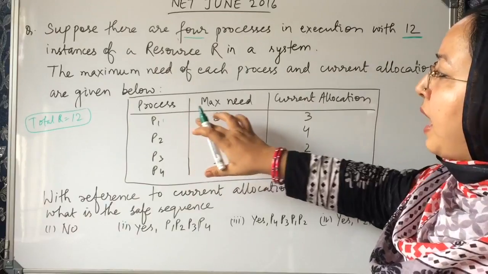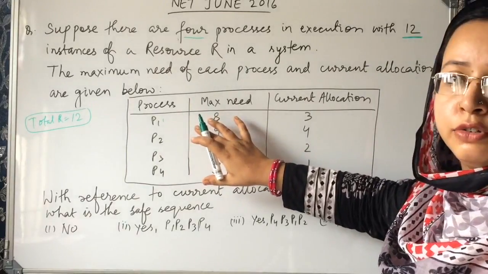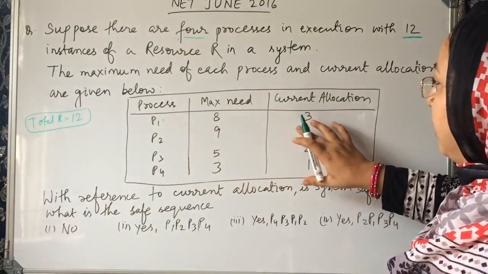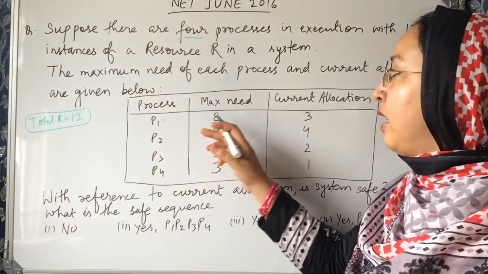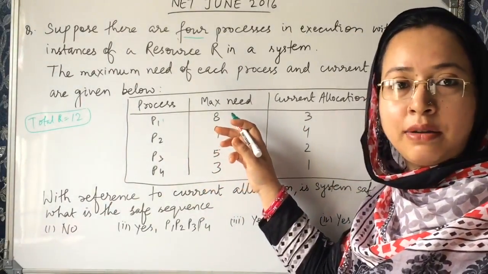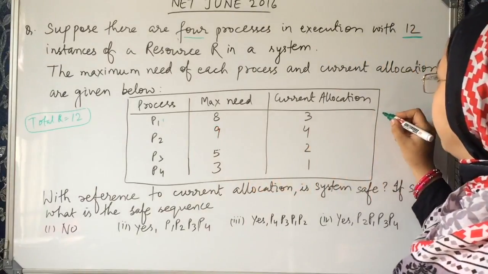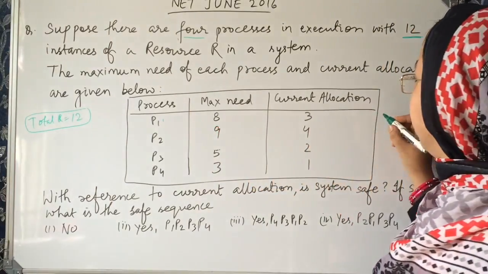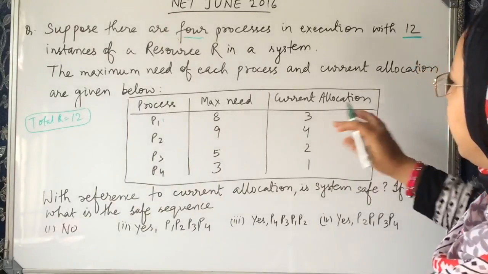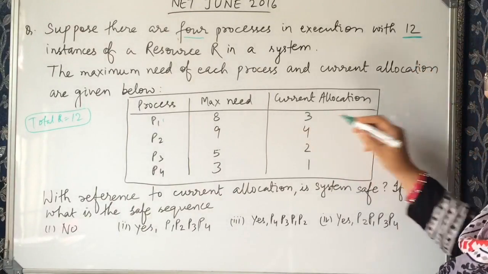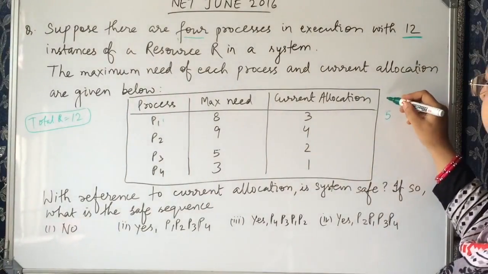P1 requires a maximum of 8 units of resources and 3 are already allocated to it. So how many more resources are needed by P1? 8 minus 3 will be 5.